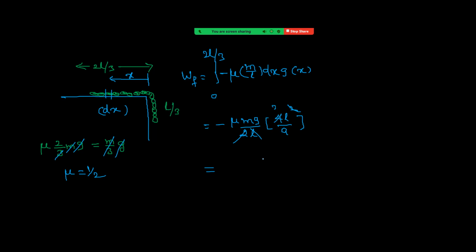It is minus, and the new value we got is 1 by 2. So take 1 by 2 here, and again 2 cancels, giving minus mgL upon 9. That means the only difference between this problem and that HC Verma problem is that there the mu value was given, and here we are supposed to calculate mu. Okay, right. Let us see the next one.